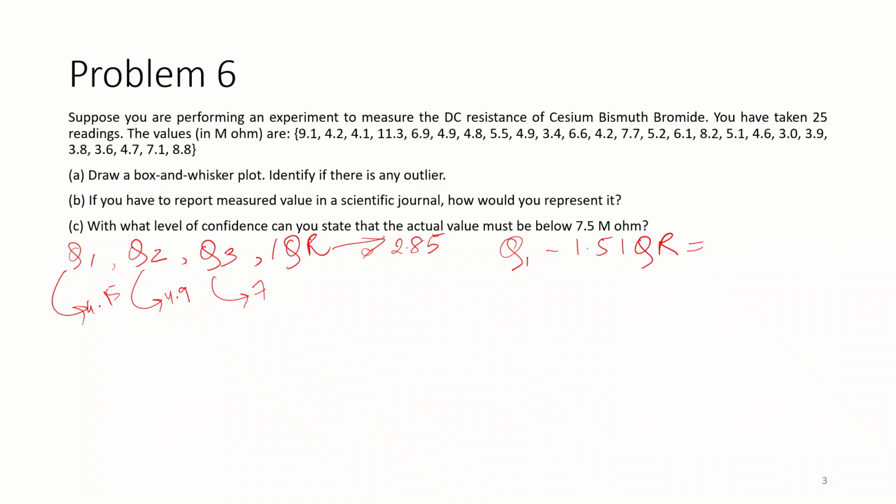Minus 0.215. Okay, so is there any outlier? One outlier, 11.3. Okay, 11.3 is the outlier. Any other?